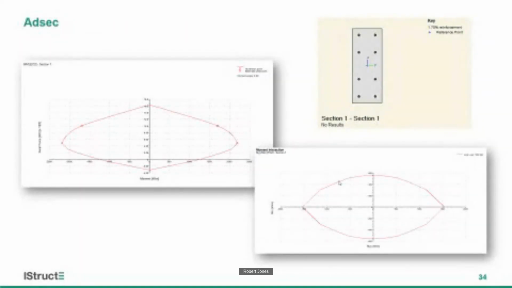So we went through a process to revisit the original design and iterate back through what the expected capacity of the cross section is. So we actually mapped out how many anchors you could fit in the cross section and what capacity you would get out of that cross section as a result.